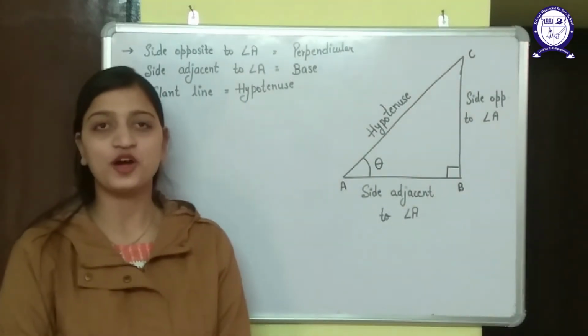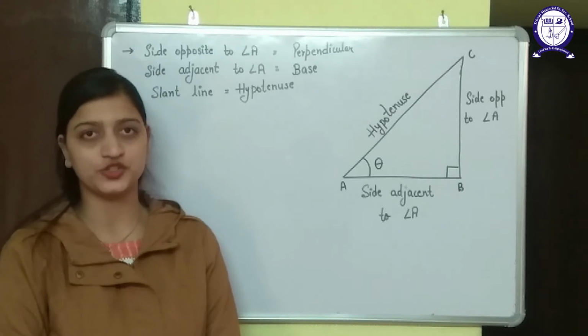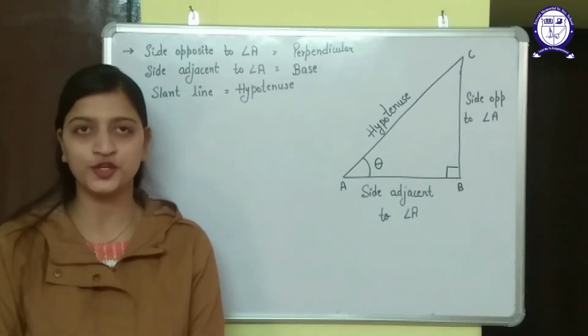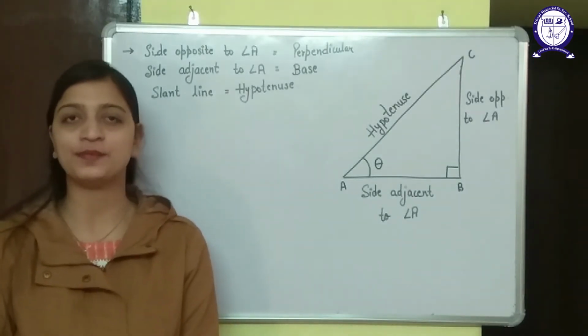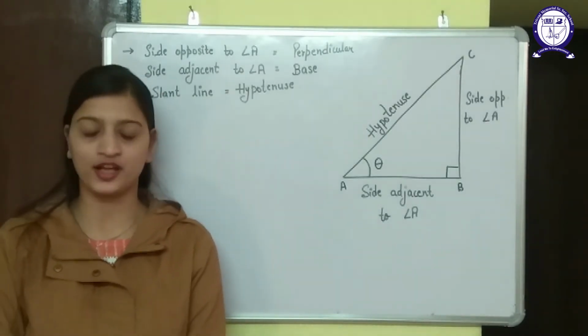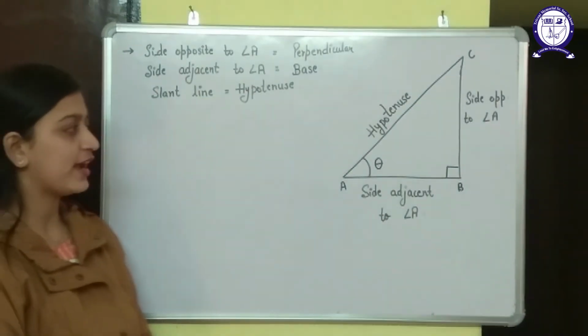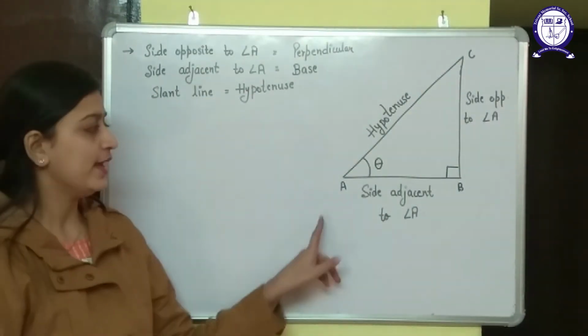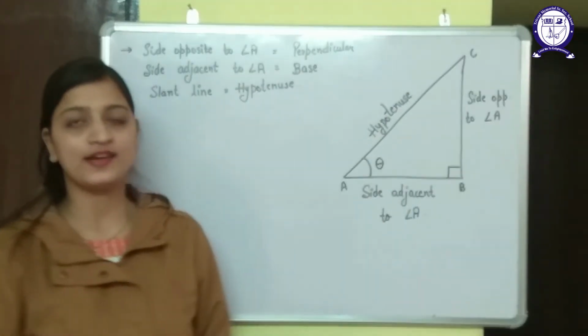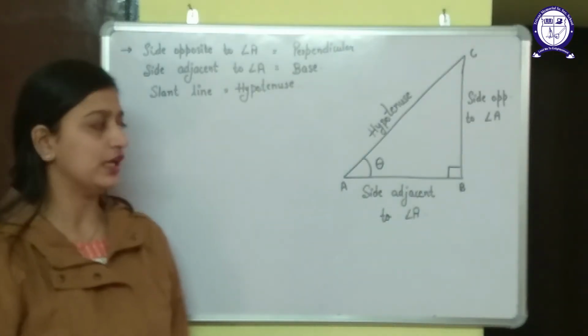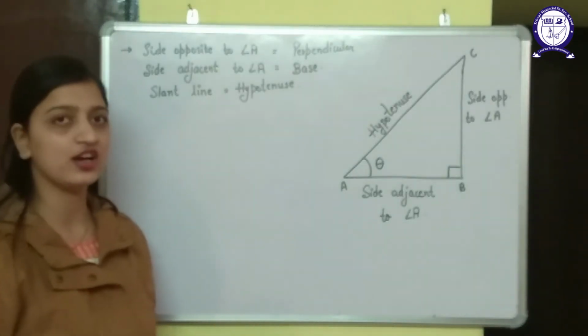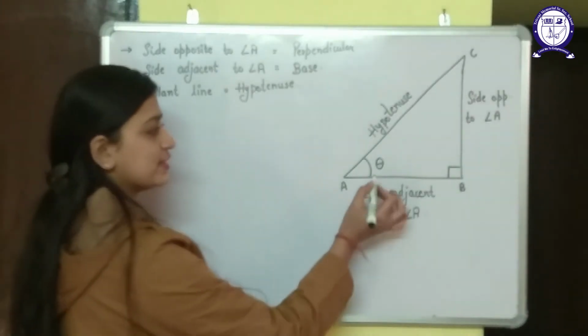Now let's talk about the 6 trigonometric ratios. First of all, I have already told you that trigonometry can be applied only in a right angle triangle. So I have formed a right angle triangle over here, ABC, right angle at B. Now in this figure, I have drawn this symbol.